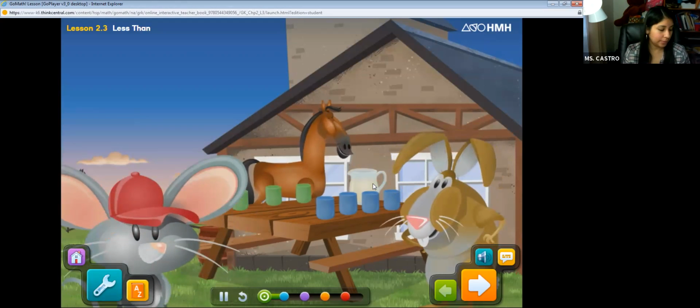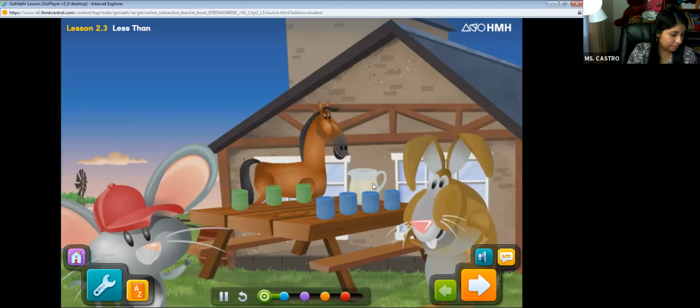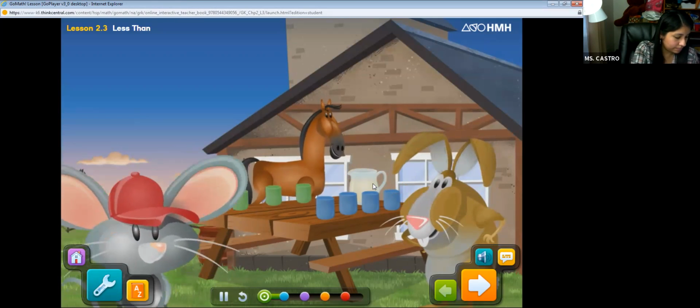It's strawberry lemonade. That's my favorite. One set has a number of cups less than the other set. I think we need to learn more about comparing sets. Let's get started.